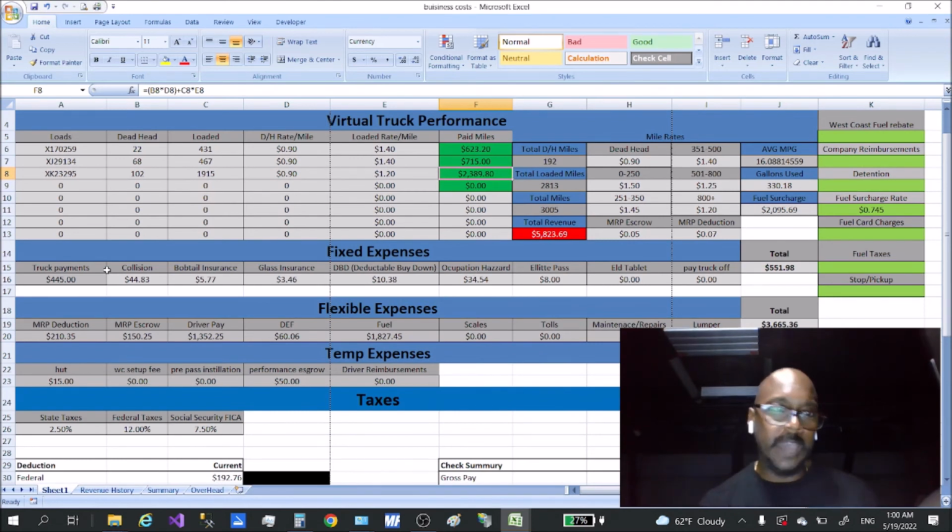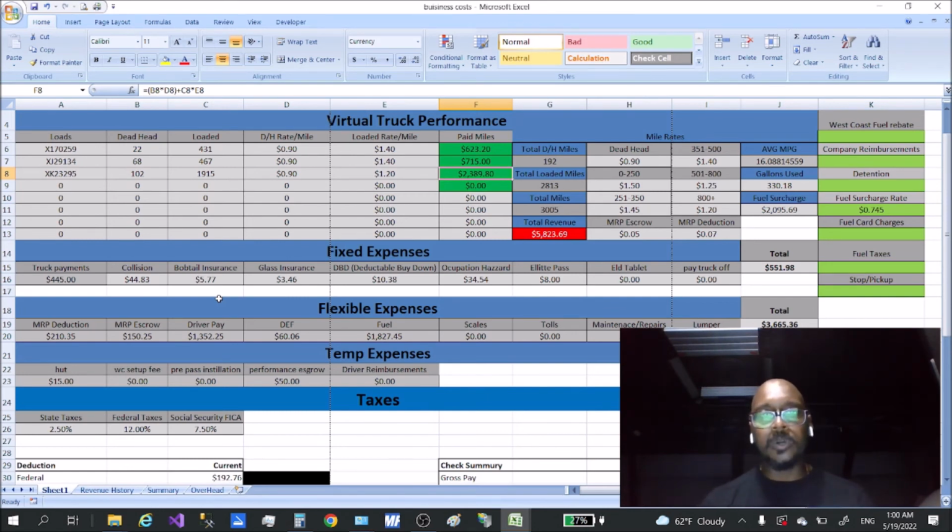The stuff that they took out: my truck payment, which is $445. They take that out every week. Everything is based on weekly. This is a weekly settlement. My insurance, they take out $44 for my collision. My bobtail is $5.77. My glass insurance is $3.46.